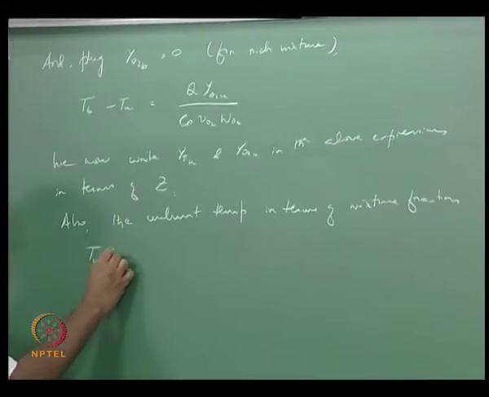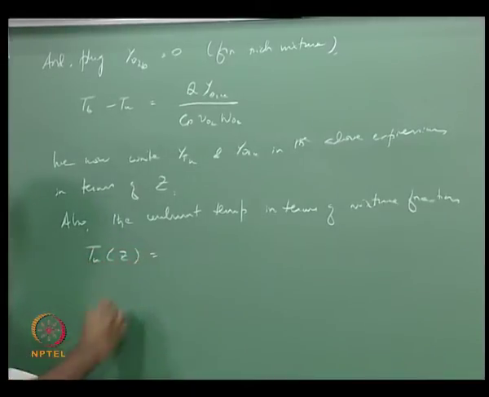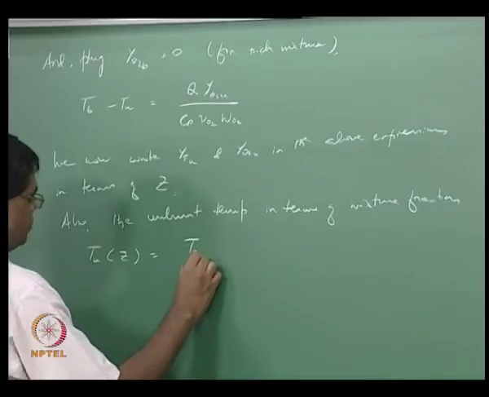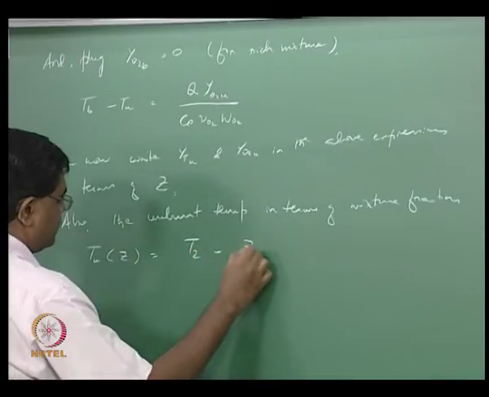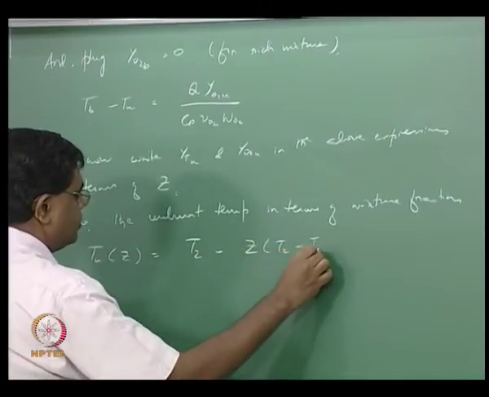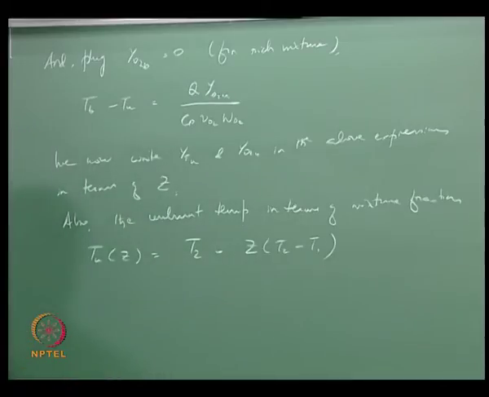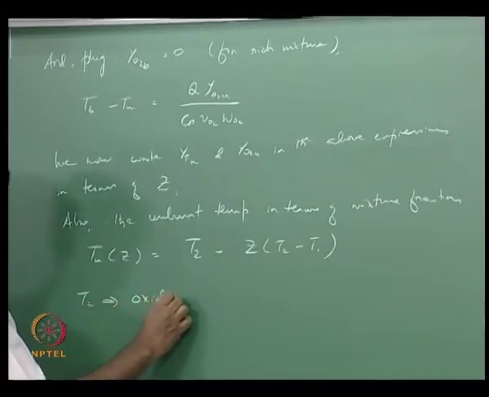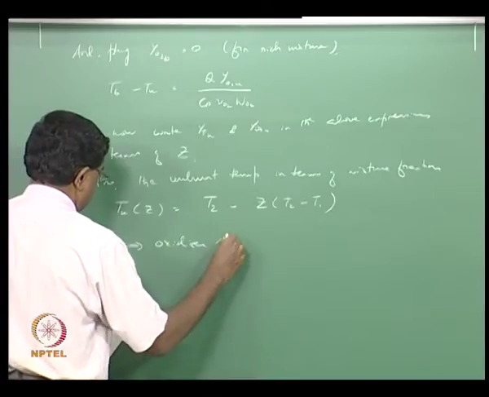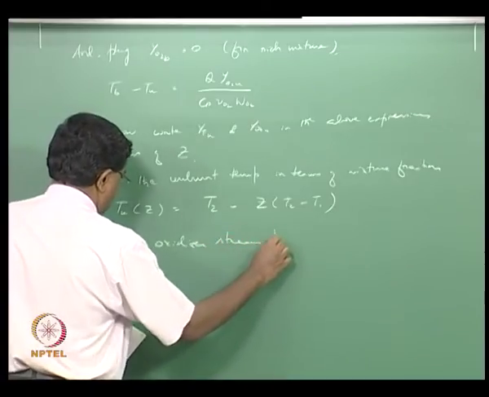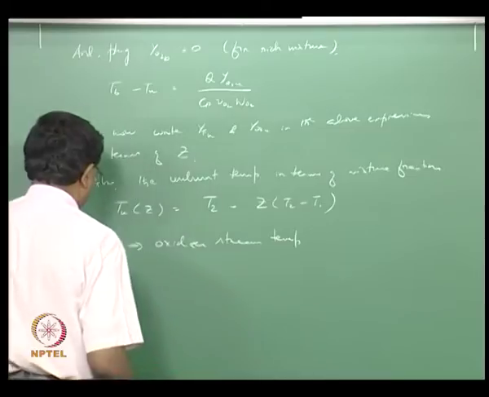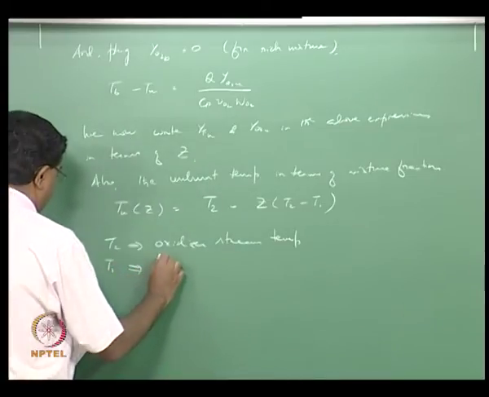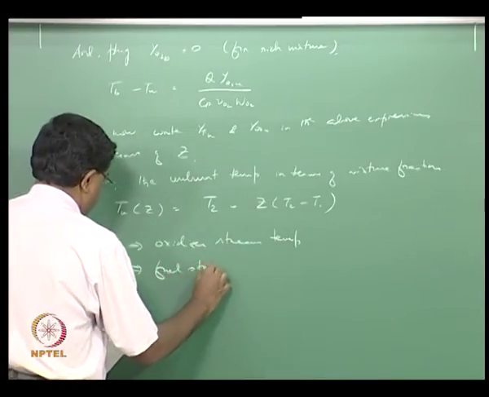How does that work out? You have Tu of Z equal to T2 minus Z times (T2 minus T1). How do I know that this is right? T2 is the oxidizer stream temperature, and T1 is the fuel stream temperature.